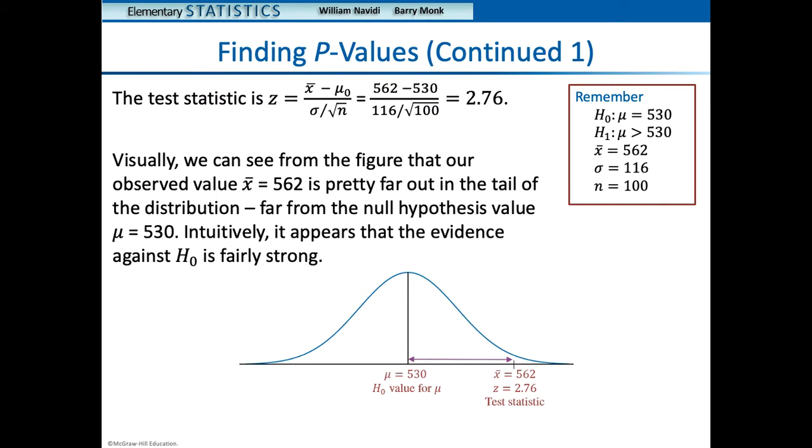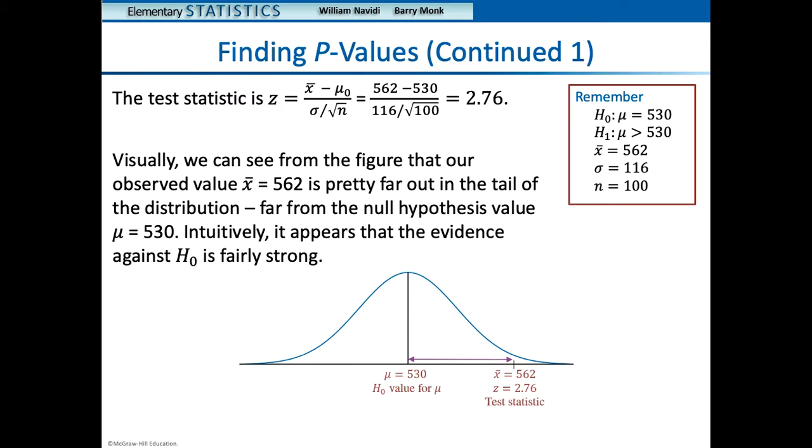Now, let's compute the z-score. In the language of hypothesis testing, we use some specific terminology, and the z-score is referred to as the test statistic. That's terminology that's specific to hypothesis testing. But if we compute the z-score using the z-score formula, x bar minus mu divided by sigma over the square root of n, right?